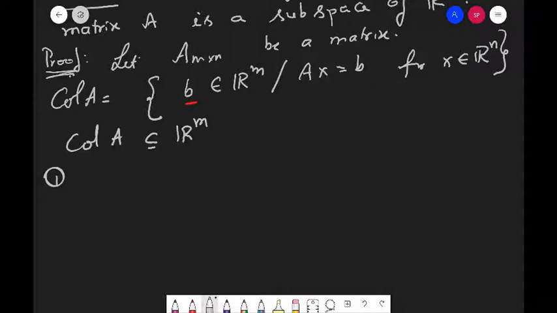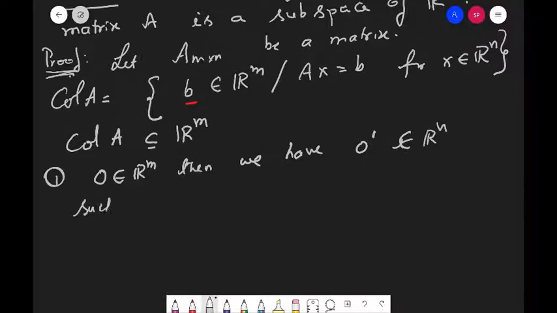So let 0 belong to Rm, then we have another vector 0 dash belonging to Rn such that A into 0 dash is equal to 0.